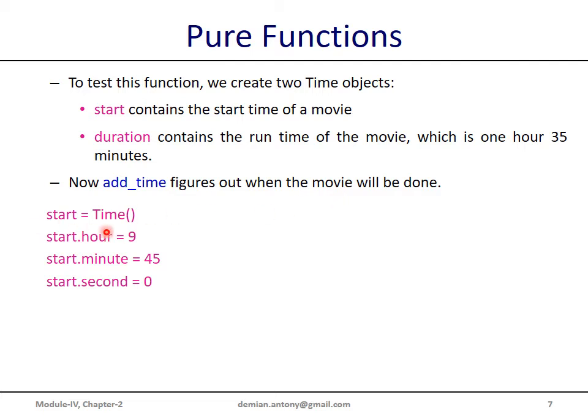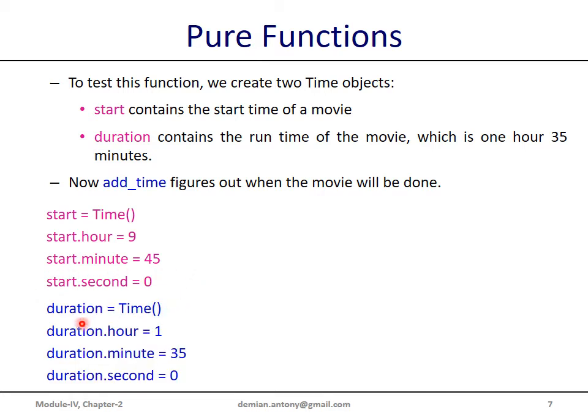We first create a start time object and initialize the movie starting time by assigning the values. Now we define a duration. We create one more object called duration and we assign the movie duration as approximately 1.5 hours.